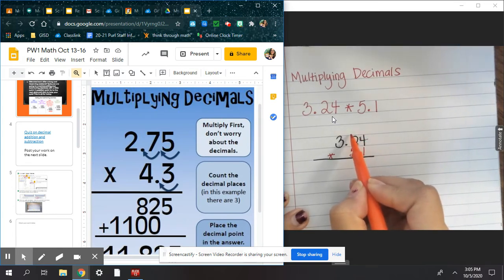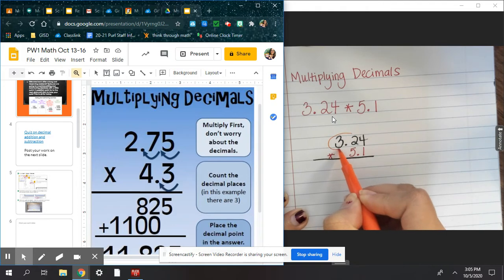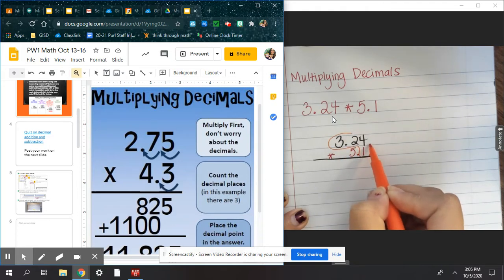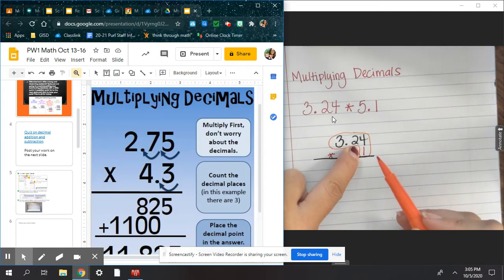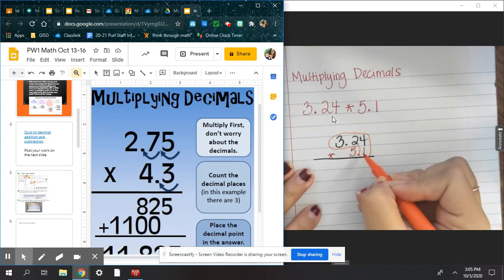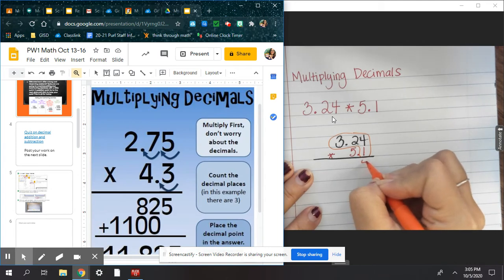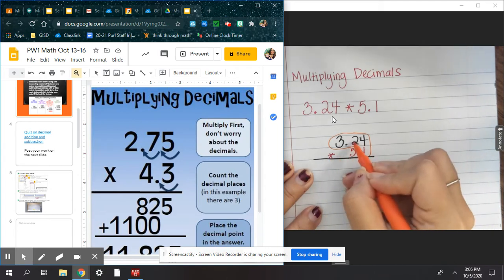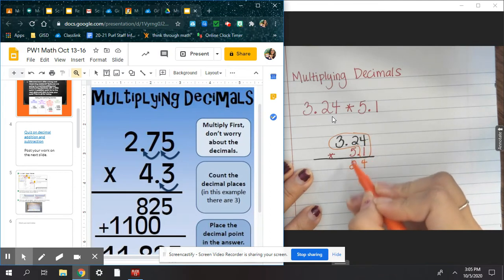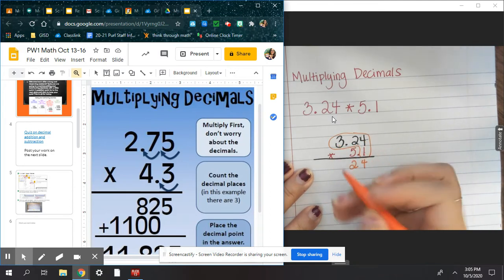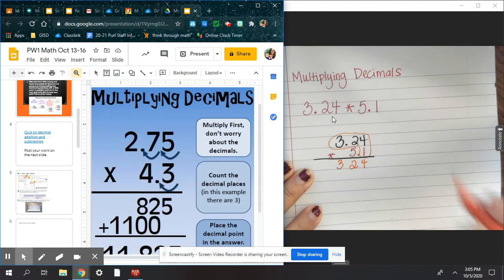Now remember, I put this little turtle head around there, because it looks like a turtle, so that I know to multiply everything in the ones place by all of the digits up top. So I'm going to do that. 1 times 4 is 4. 1 times 2 is 2. Now notice I'm keeping everything lined up. 1 times 3 is 3.